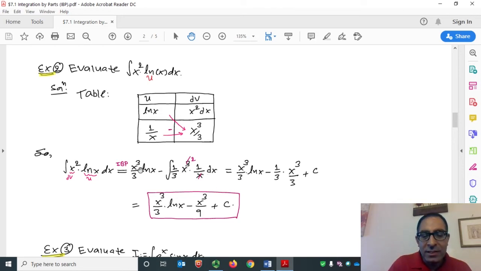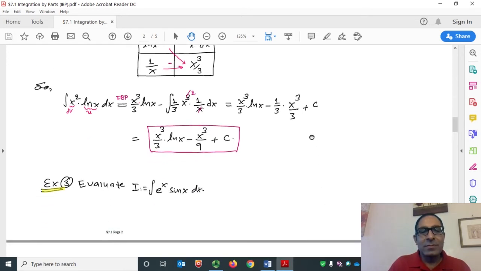In the next step, the first term is copied as it is. We can cancel the x and x cubed, so we have x squared left, and we can pull the 1/3 outside, so minus 1/3 outside the integral, and the integral of x squared becomes x cubed over 3 plus constant of integration c. Great. So let me scroll down.